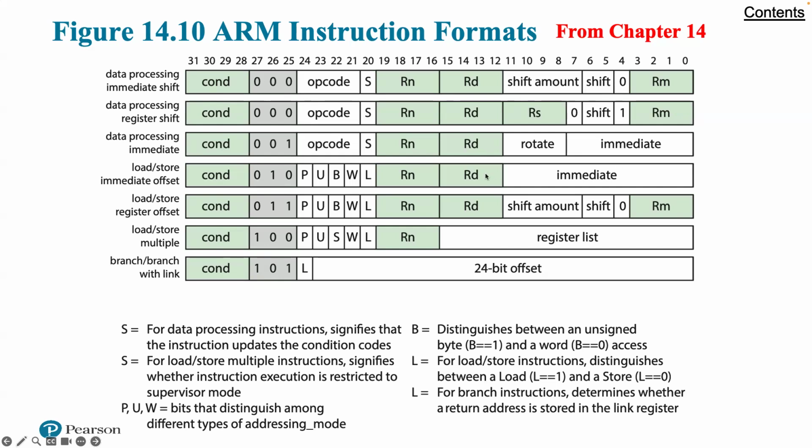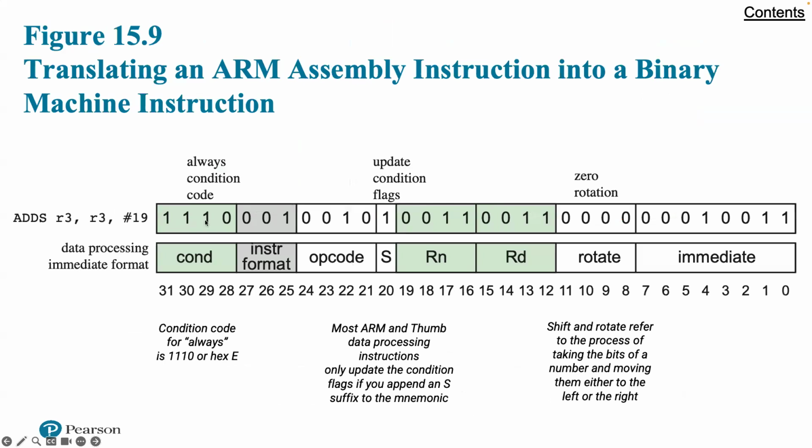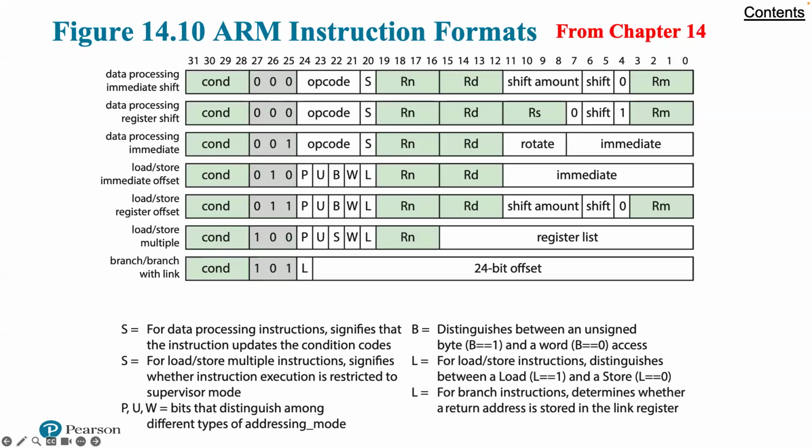We can have 2 types of immediate. You can have an immediate, you can have an immediate with an offset. And so the one that we're focusing on is this one. The always condition and 001.